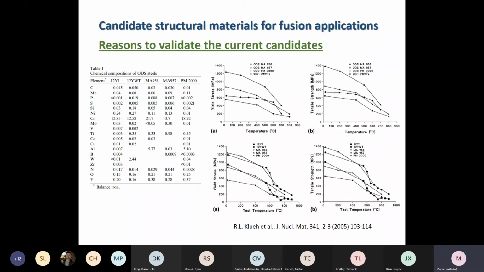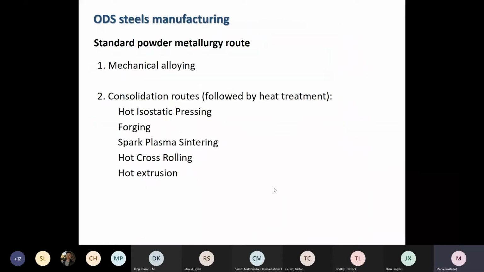Having this background, it has been demonstrated that ODS steels show some of the requirements that we were claiming at the beginning about performance at high temperature, and no swelling, and some other bits that have been studied all over the years. Let's see how we can manufacture the ODS steels.